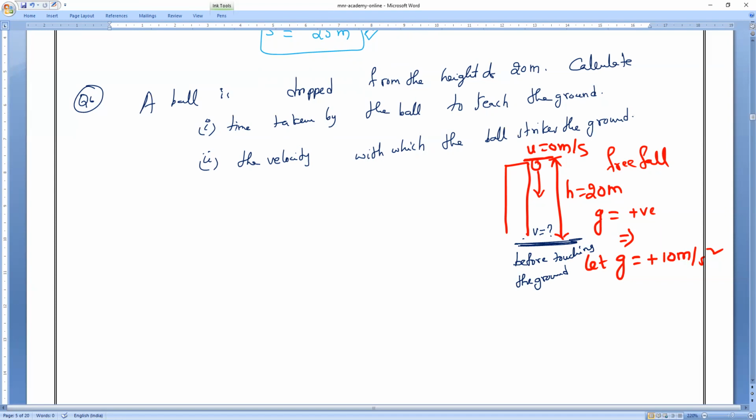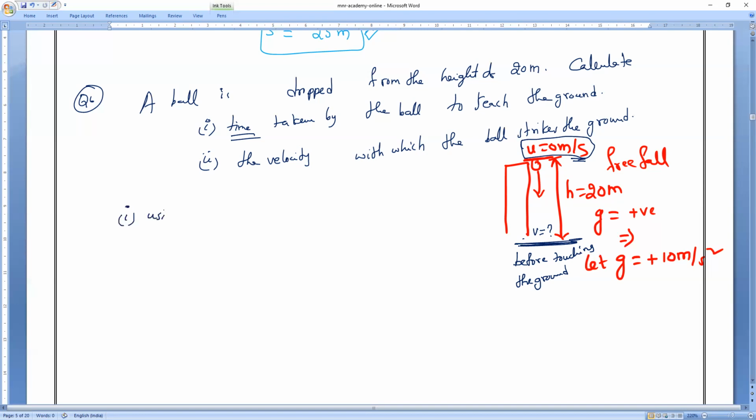Now, first they are asking the time taken to come down. Let me see which equation will apply. You know the distance, and the initial velocity is 0. Be very careful. Whenever you know the initial velocity is 0, you can blindly go with the second equation to find the time. Is it okay, everybody? Yes.